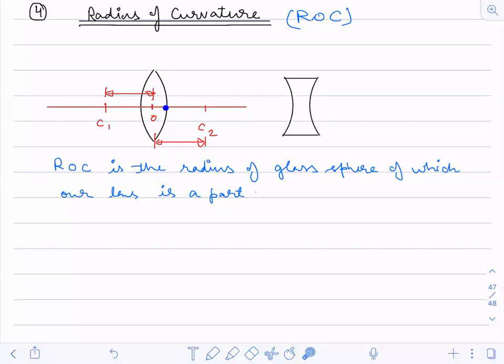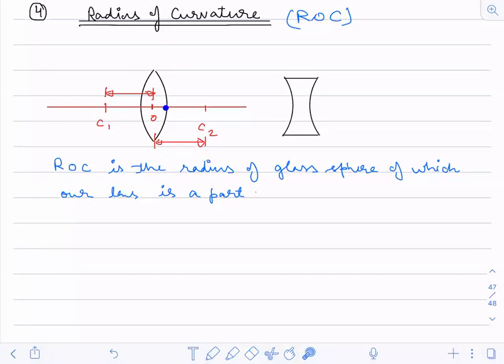Yes, the distance is very, very small. You manufacture a lens which is very, very thin. That's why this distance is immaterial to consider. You can neglect that. Practically, it will not cause any harm if we neglect it.